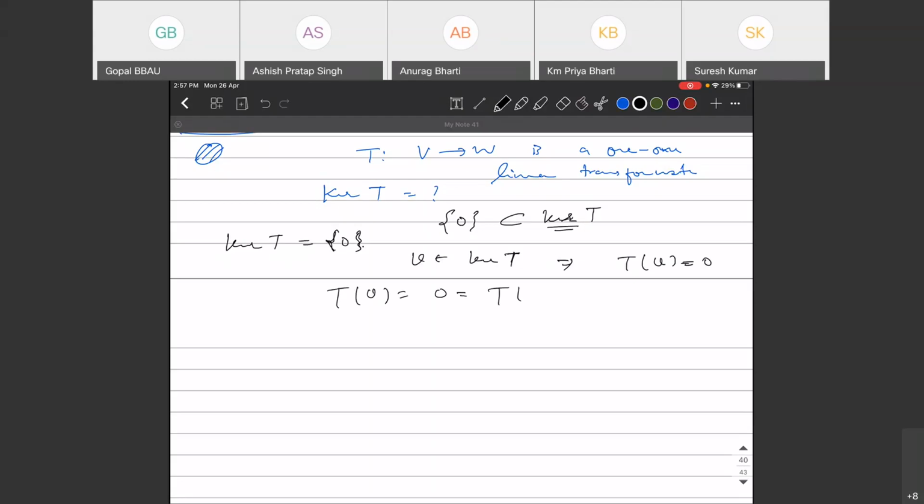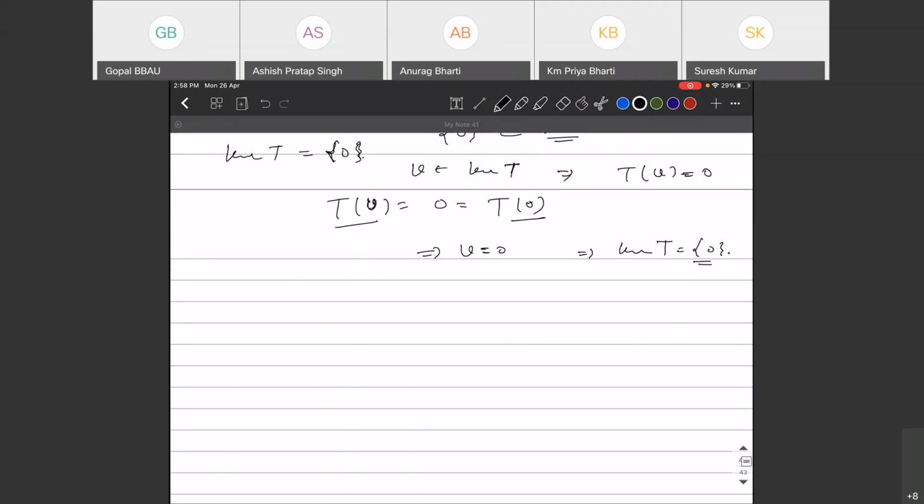But 0 is T of 0. Since T is one-one, Tv equals T0, which implies v equals 0. Hence the kernel of T is 0. Okay?